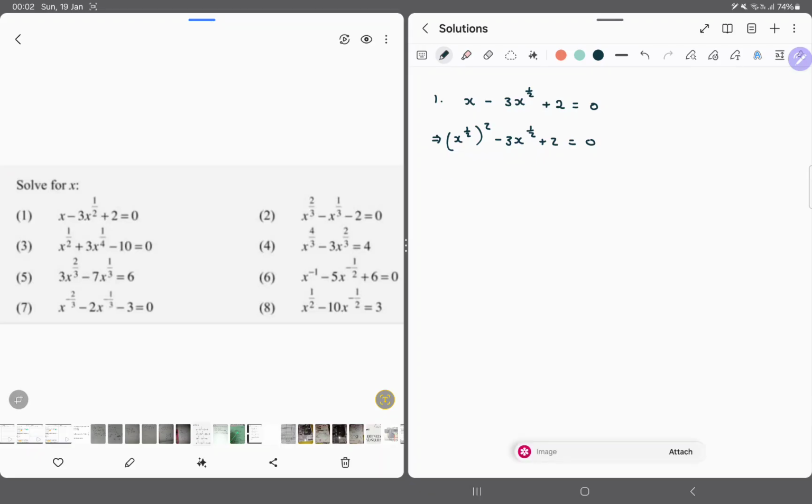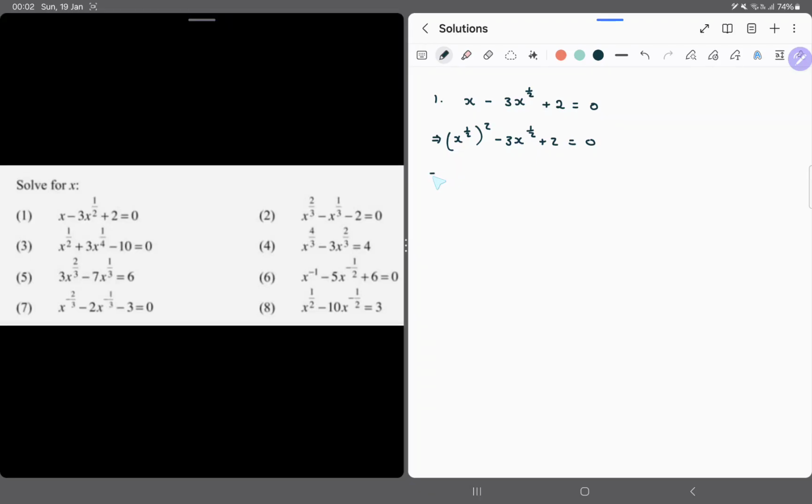And we can factorize this. Most likely we will win. So this is going to be x to the half, then here we've got minus 2, minus 1, and this works out nicely.